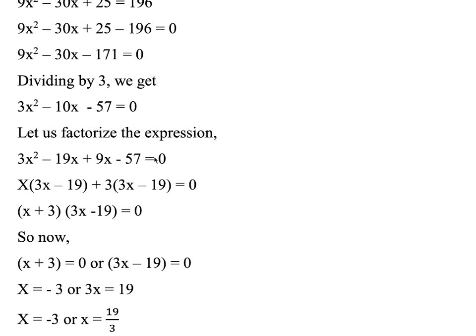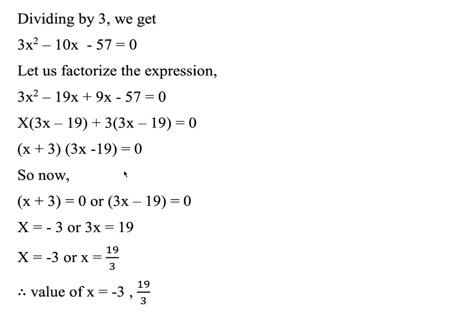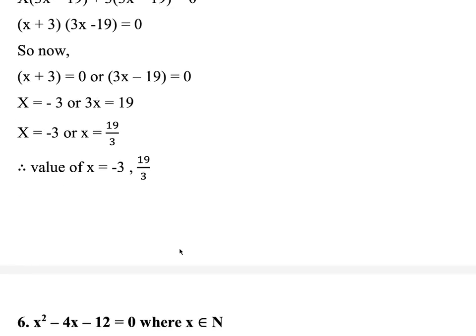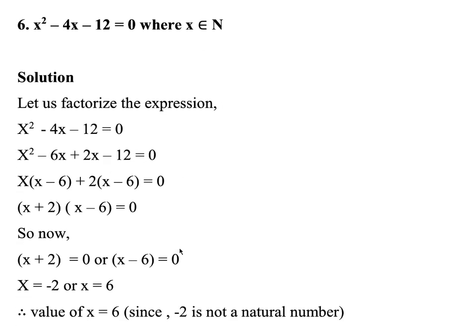After that, the middle term factorization, you will get (x plus 3)(3x minus 19) is equal to 0. So if x plus 3 is equal to 0, the value of x is minus 3, and if 3x minus 19 is equal to 0, the value of x will be 19 by 3. So the values of x will be minus 3 and 19 by 3.